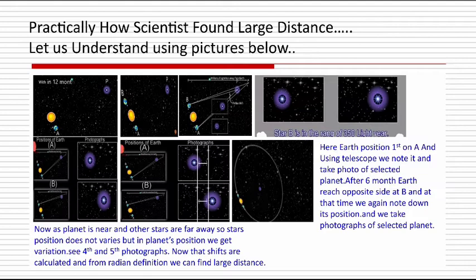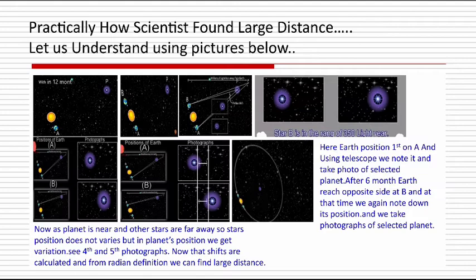At position A and position B we take photographs using a telescope and other high technological devices. You can see the photograph of the planet for each position of the Earth. In the left figure the planet is there and the stars are around it.